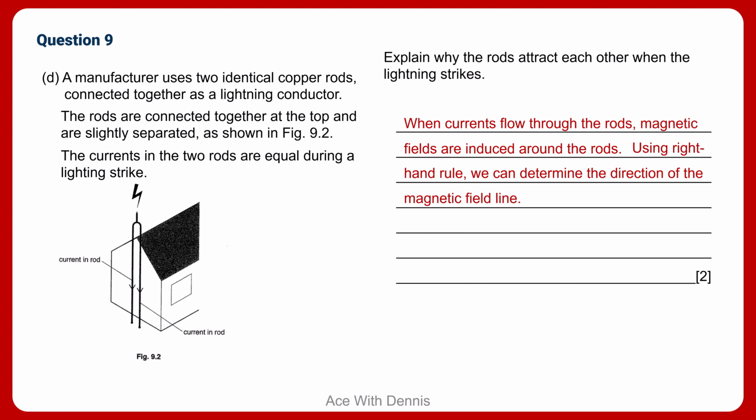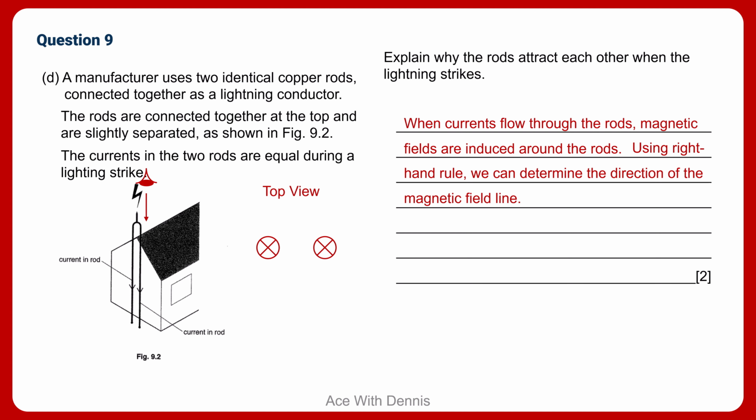Using the right-hand rule, we can determine the direction of the magnetic field lines. Let's look at the two rods from the top, and for the top view we can draw in this manner. So we have two circles which represent the rods. The cross represents the direction of the current which is flowing into the plane.